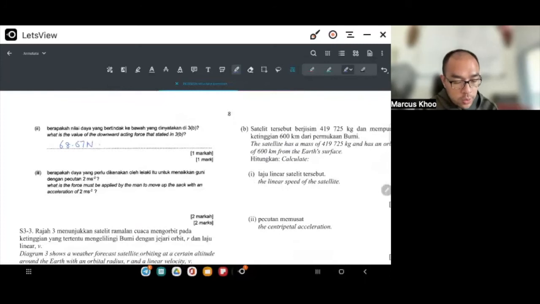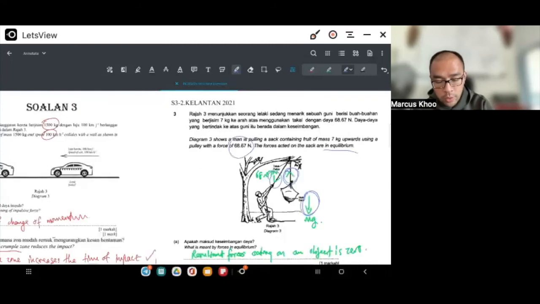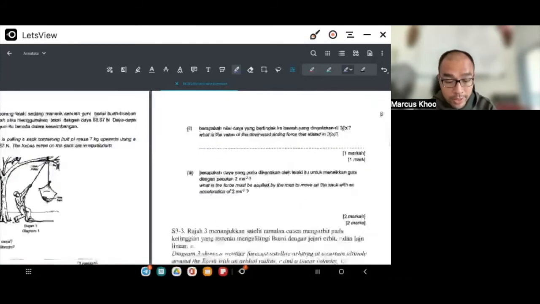So the question is, what is the force that must be applied by the man to move up with the sack with an acceleration of 2 meters per second squared? We're having the force by the string, and you want to know how much to increase this force in order to accelerate it at 2. Since in equilibrium it is 68.67, we know that the weight is 68.67.